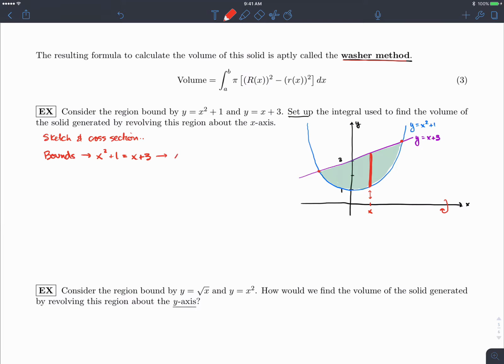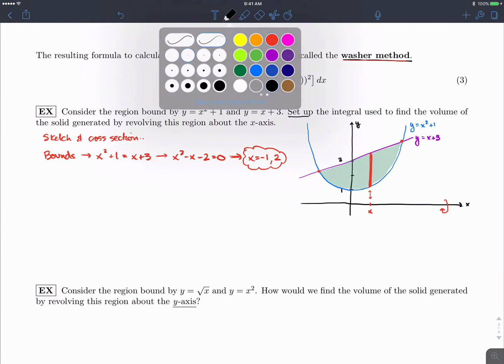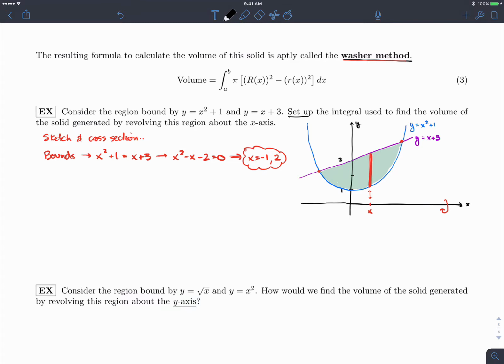This is just going to be a quadratic equation, so if we set it equal to 0, then we can use the quadratic formula or factor this. Either way, we're going to get x equals -1 and x equals +2. So now we can mark those down. That's going to be x equals -1, and then this point right here is going to be x equals 2.